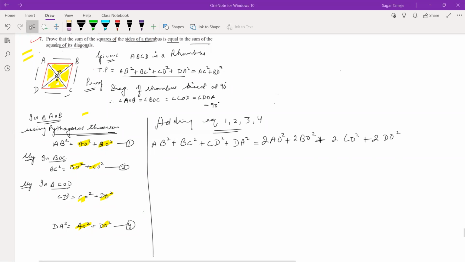Yesterday we were doing question number 7. Prove that the sum of the squares of the sides of a rhombus is equal to the sum of the squares of its diagonals. We have proved till here that the sum of the squares of the sides of the rhombus is equal to twice of a square, b square, c square, and d square. After this, let us start.